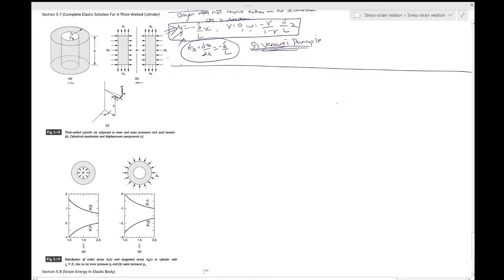Now, other than that, there are loadings of stress sigma naught like this. The top face of this is also loaded, and the bottom face is also loaded, by a stress which is acting in the direction of the axis of this cylinder. So that is shown by sigma naught.